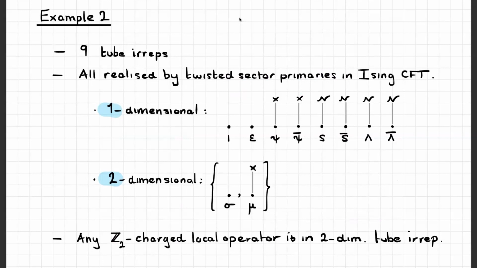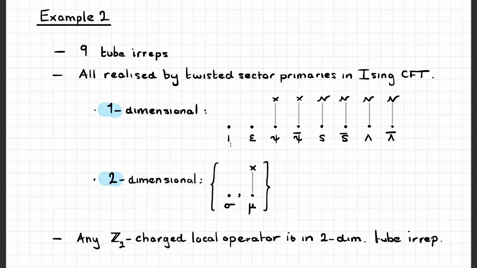And one nice thing is that they're all realized once by the twisted sector primary operators in the Ising CFT. So if you just have a look at the list of those things, well, there are basically 10 of them, and 8 of them transform in one-dimensional tube irreps. This is the list of them here.